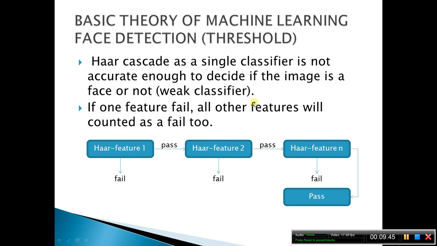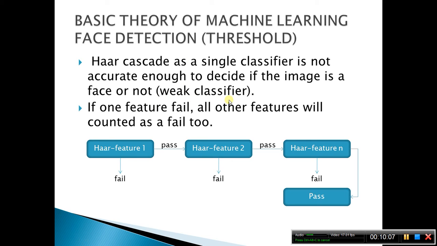The problem is not every Haar feature will have good accuracy to classify whether the image is a face or not. That's why one feature is called a weak classifier.